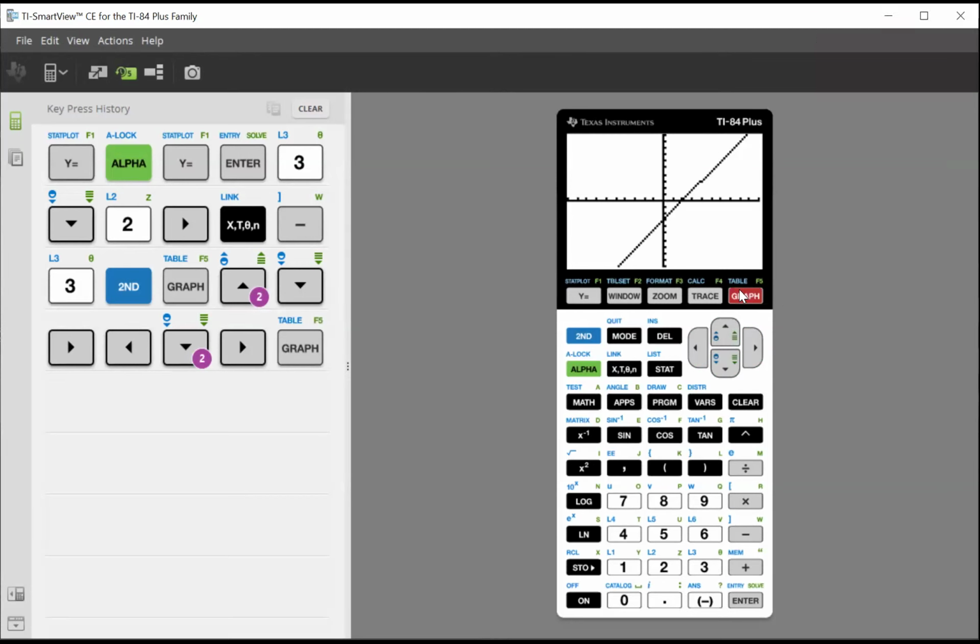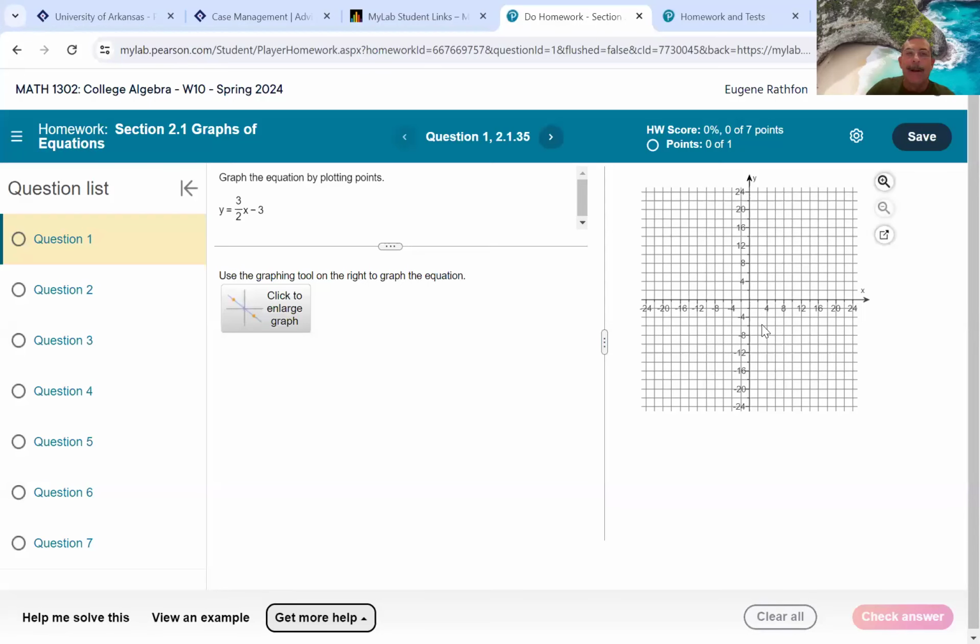Okay. So now, let me show you how to graph this in MATLAB. All right, y'all, so there we are. There's our (3/2)x minus 3. So what I do is I hit this gray box that says click to enlarge graph. I click it.